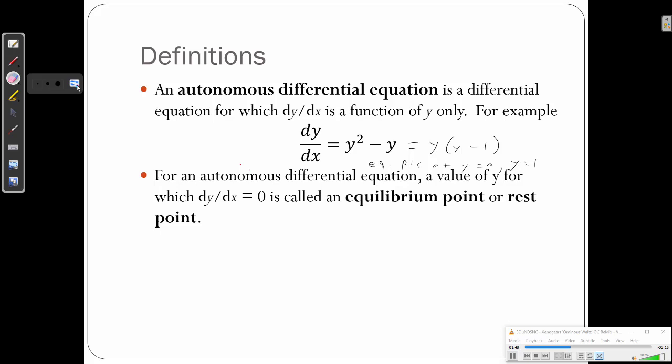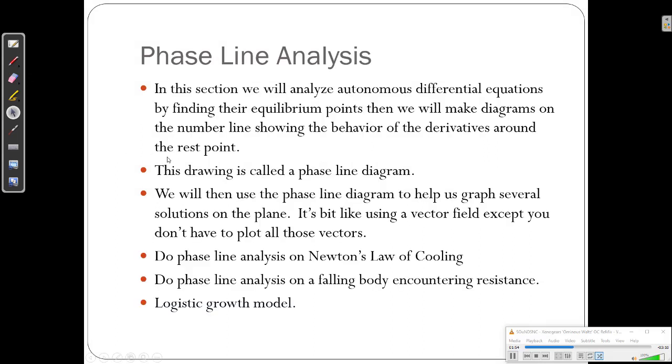So that's one of the things we're going to be doing. We're going to be finding equilibrium points and rest points, but we're also going to be doing what's called phase line analysis. For this, we're going to make a diagram on the number line where we put all the equilibrium points, and we're going to label how the derivatives behave around it, specifically the first and second derivative.